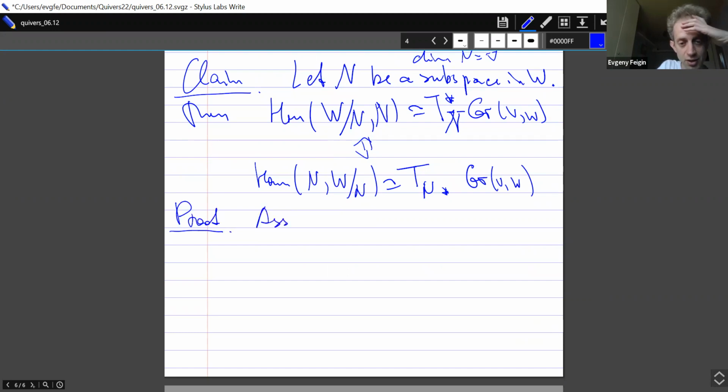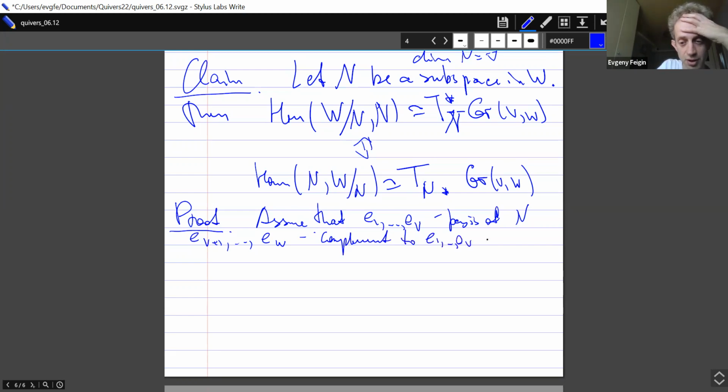Assume E1 up to Ev is a basis of N, and Ev plus 1 up to Ew is a complement, completing E1 up to Ev to a basis of W. So we have some basis of N, our fixed subspace, and we somehow completed it to a basis of W.